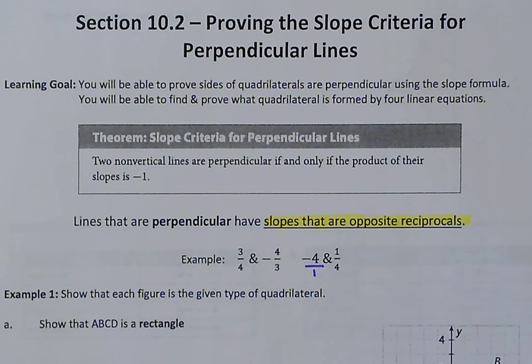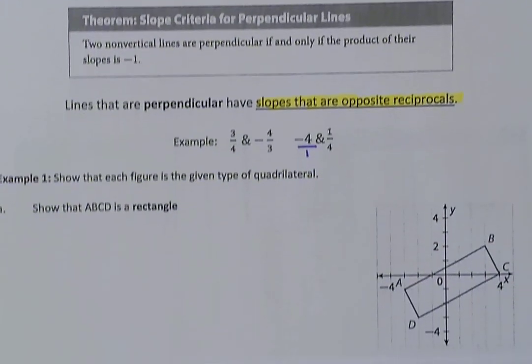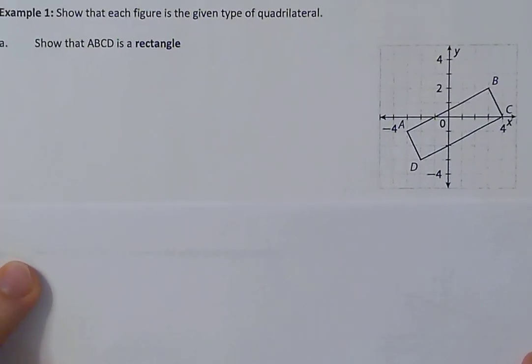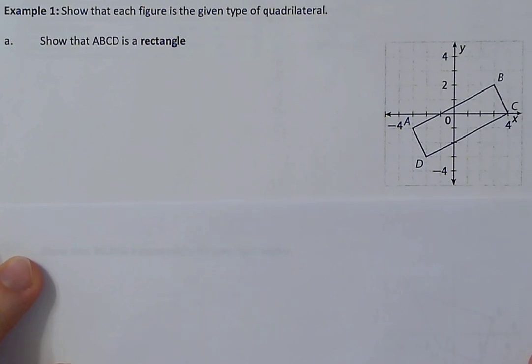And that's going to be to prove or show that a figure is a given type of quadrilateral. Now for example 1, part A, they want us to show that ABCD is a rectangle. So what do we know about rectangles? Well, all four angles are 90 degrees.